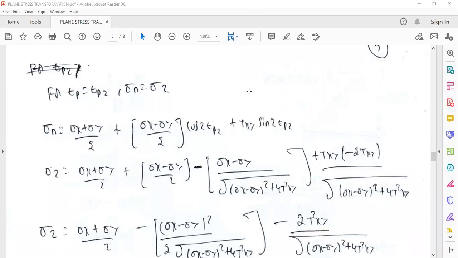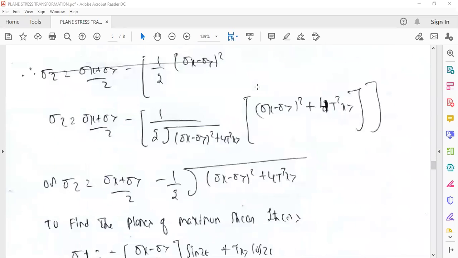We have substituted the angles of the planes of maximum shear into the sigma t equation, and we obtained the magnitude of maximum shear stress. This maximum shear stress is also accompanied by average normal stress, which can be found out by substituting theta s1 and theta s2 into our sigma n. So in order to find sigma n, finally we have written a sketch of that.